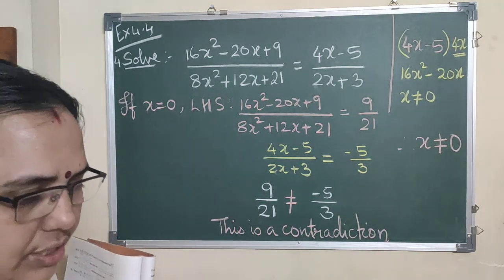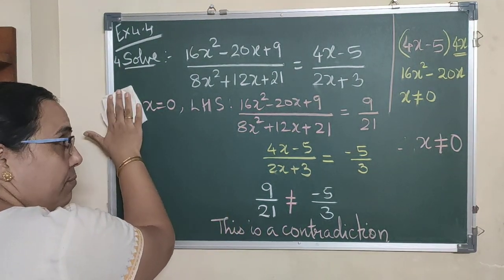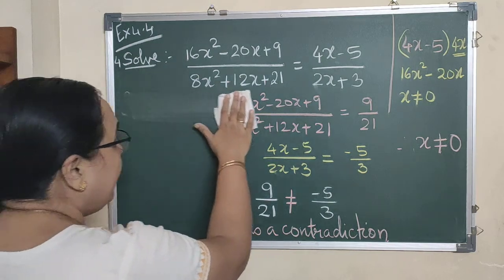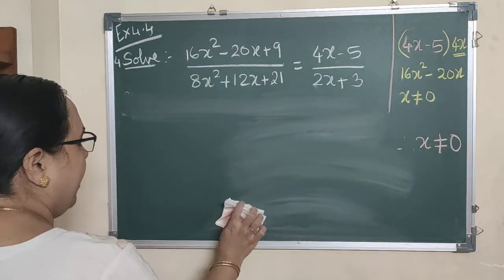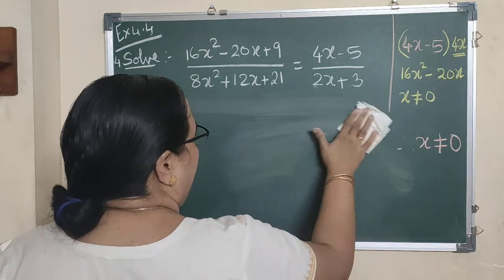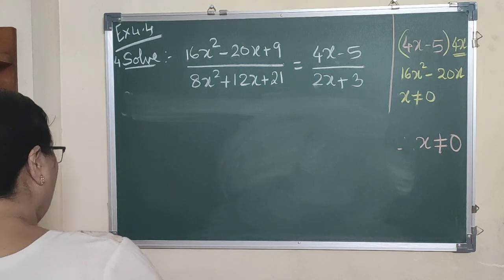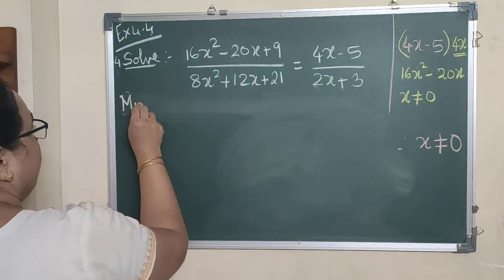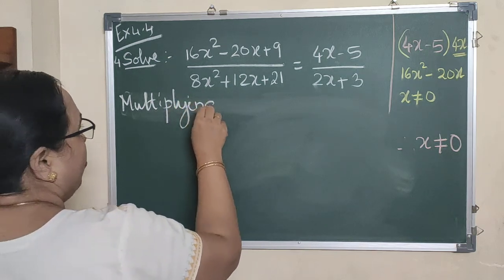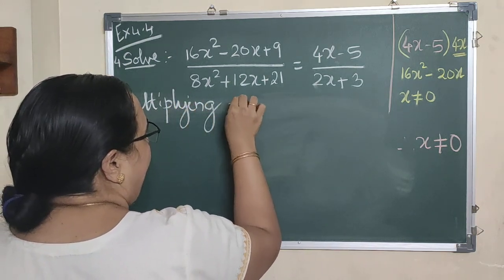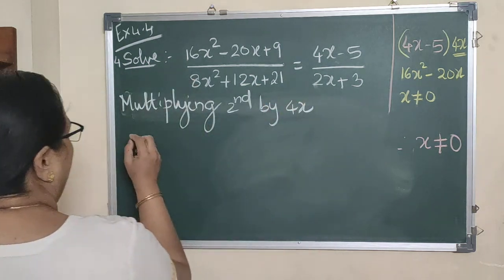If x is not equal to 0, then my sum goes in a different manner. Now I can take the liberty of multiplying the second ratio by 4x, both in the numerator and denominator. So what do I obtain?